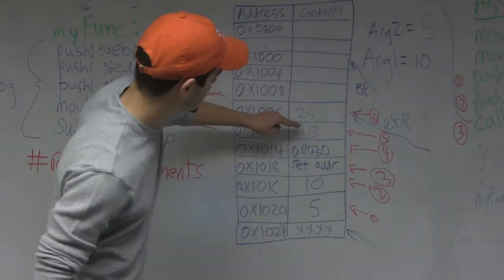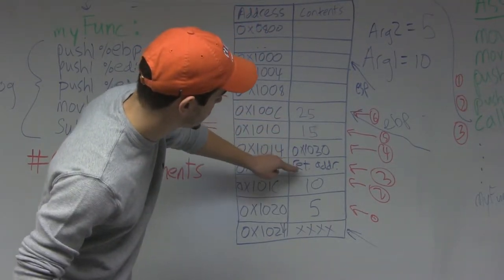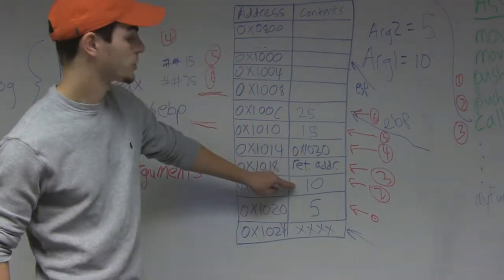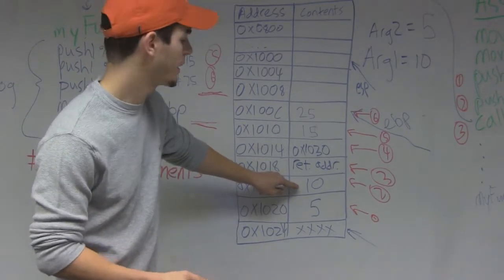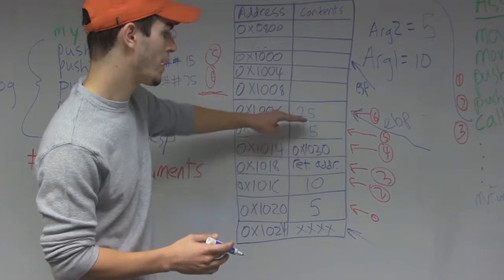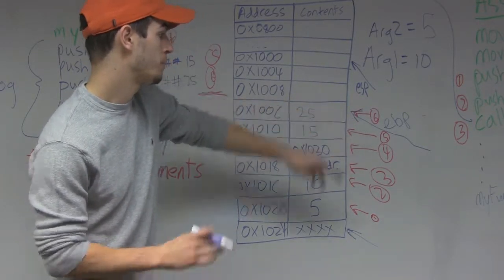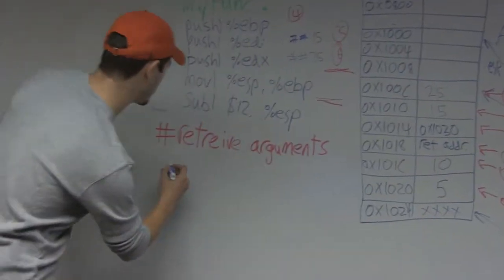And if we count them, just 4, 8, 12, 16. So that means our first argument to be retrieved by the callee function is 16 bytes away from our base pointer. So we can add a positive offset.